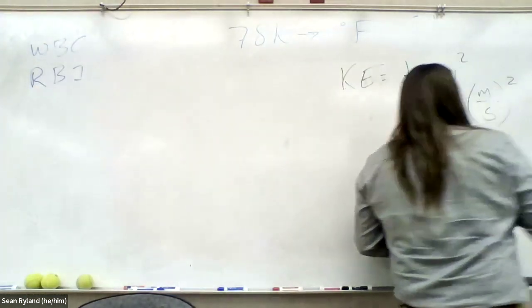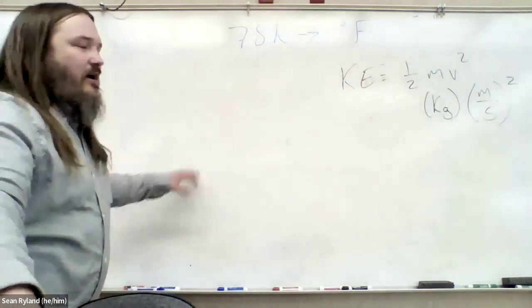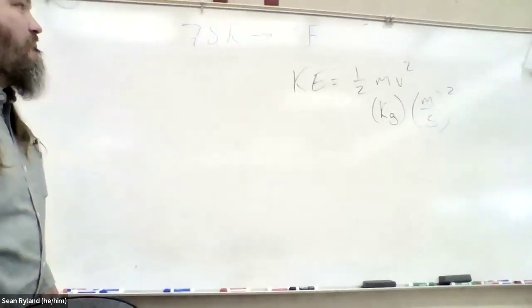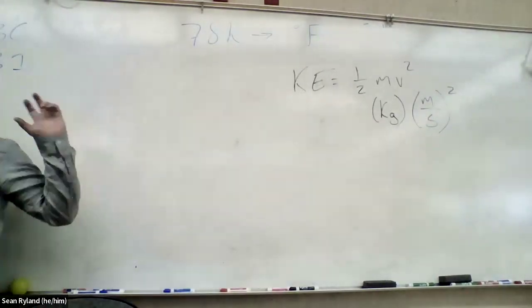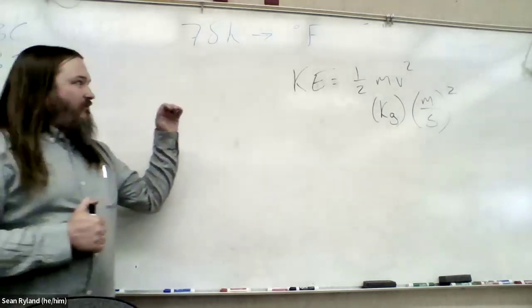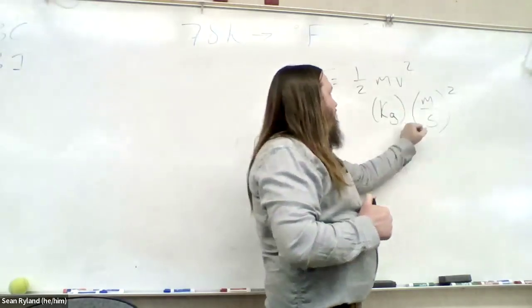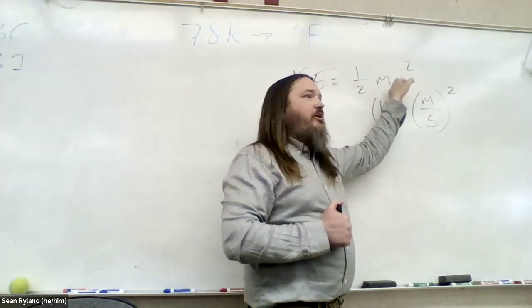So energy has these weird units that look like kilograms times meters squared per second squared. Those units don't make a whole lot of sense on their own, but they come from the fact that you have this combined variable that we call energy.